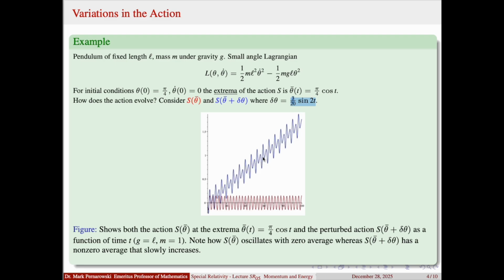It oscillates in peculiar ways, but it just keeps on growing and growing and growing. So with the principle of least action, the extrema are not fixed points. The extrema are functions, and the variations away from them give you actions that grow typically.